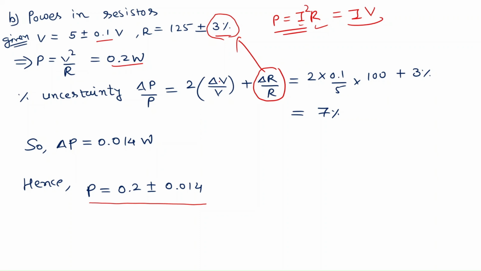In delta V we don't have a percentage value, so do 2 into 0.1 upon 5 into 100 plus 3, and it will result in 4%. So 4 plus 3 means 7%. And delta P is P into 7%, which means 0.014. Now write P equals 0.2 plus or minus 0.014.